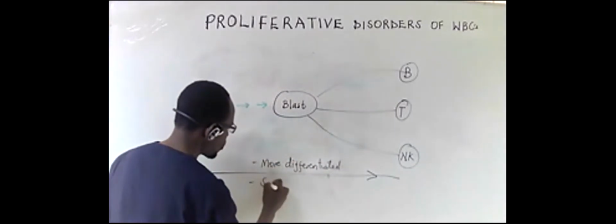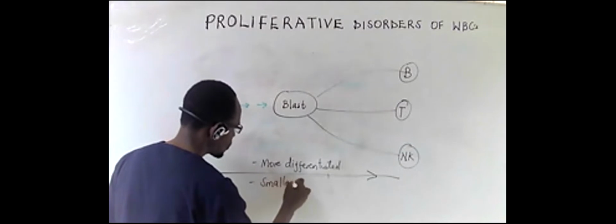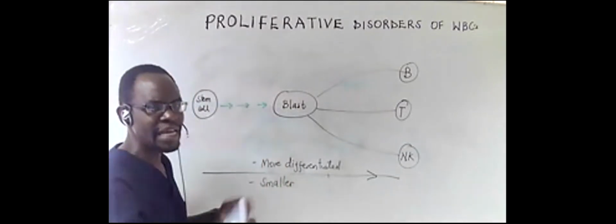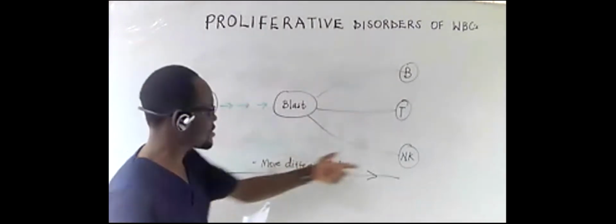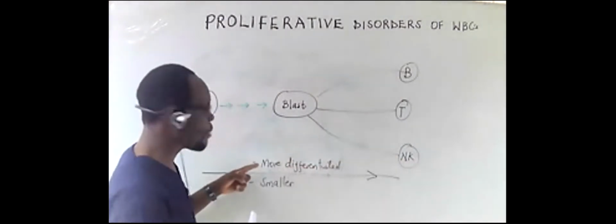They become smaller. In other words, the blast is bigger. As you move towards that side, the cells become more differentiated.